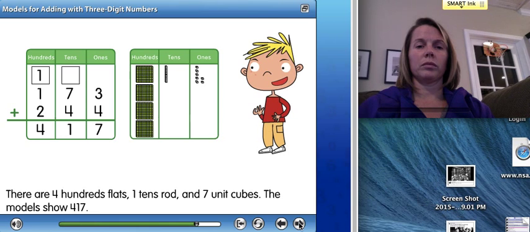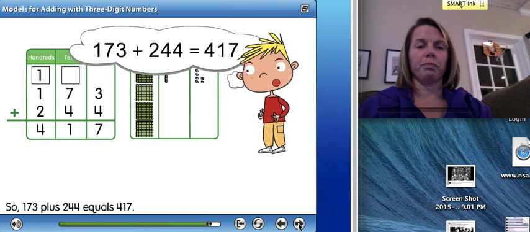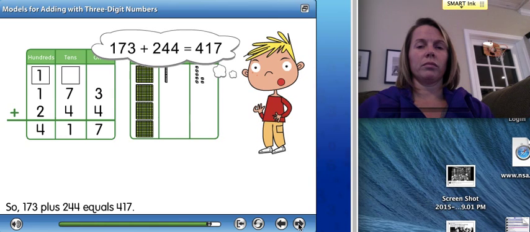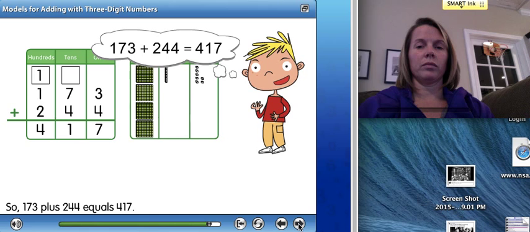The models show 417. 417 is the written sum. And the sum, we get the sum when we add numbers together. That is the answer, the sum. So, 173 plus 244 equals 417.